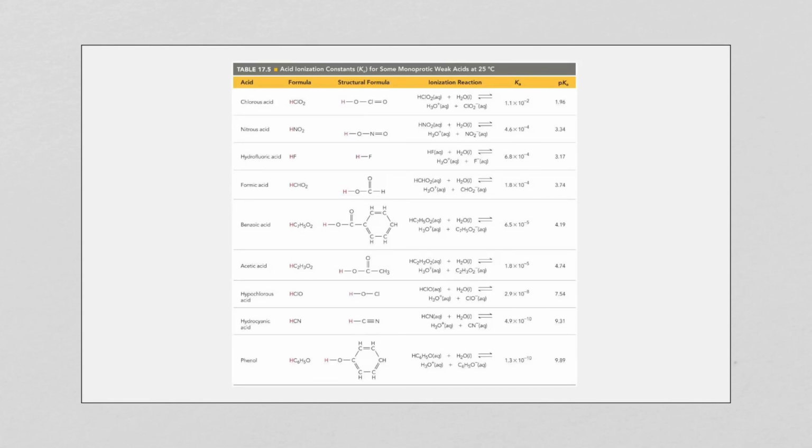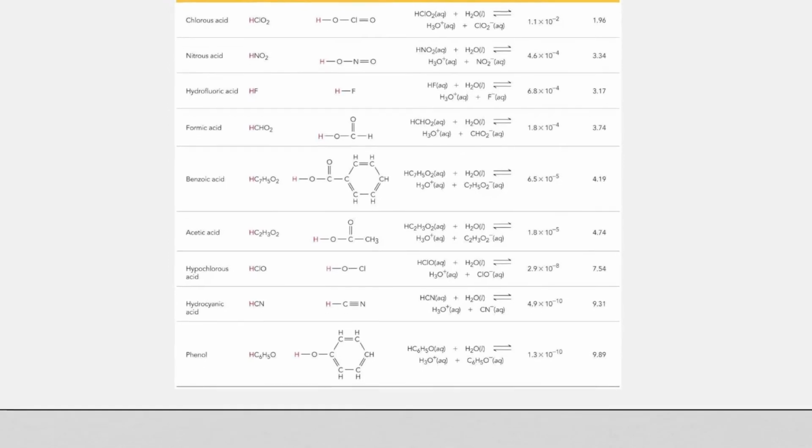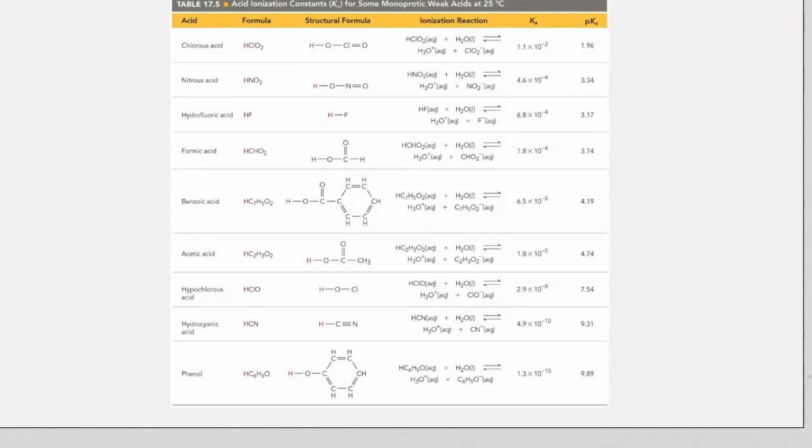Now, I definitely don't expect you to remember everything in this table, but what I want to do is just give you some ideas here. And first of all, these are all weak acids here. And so if we look at the Ka values, you can see they range from things that are just 10 to the minus second to things that are 10 to the minus 10th.